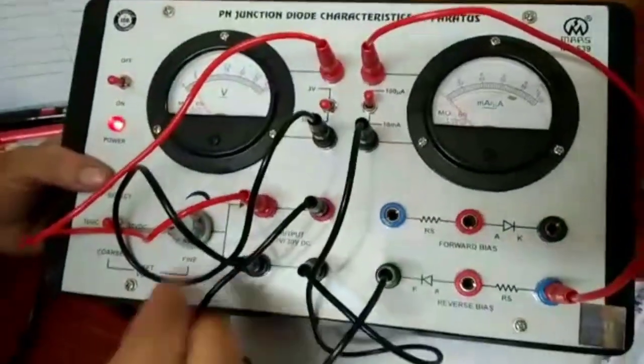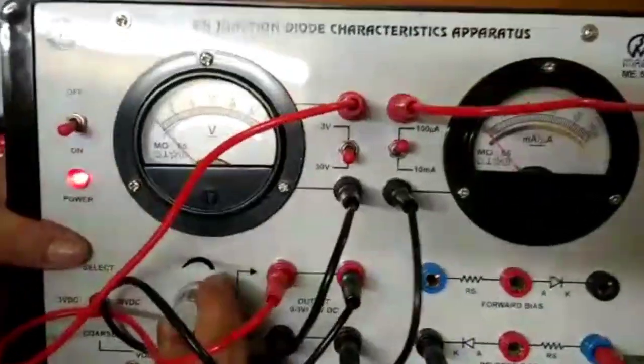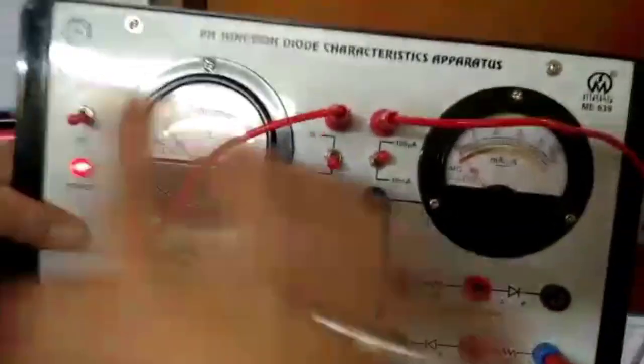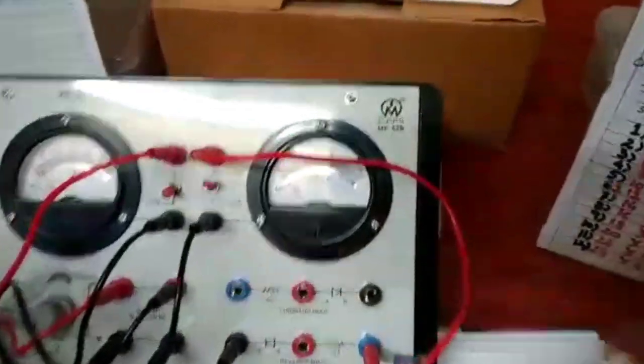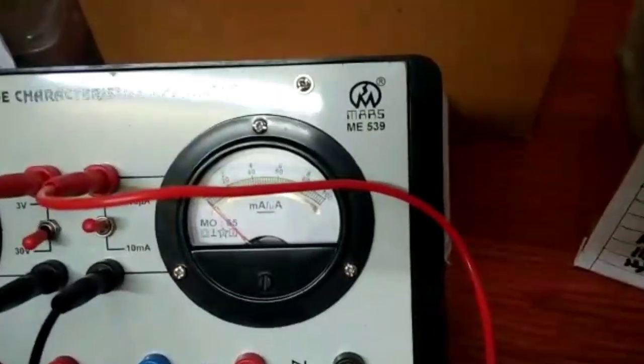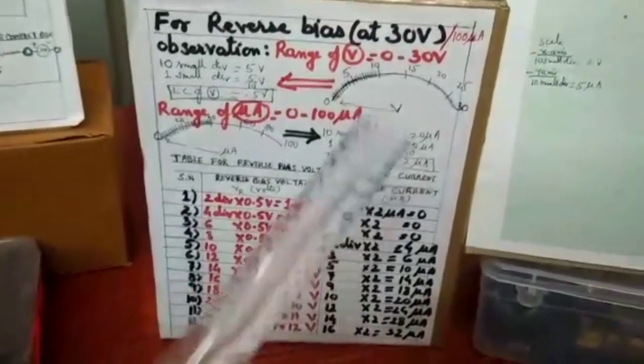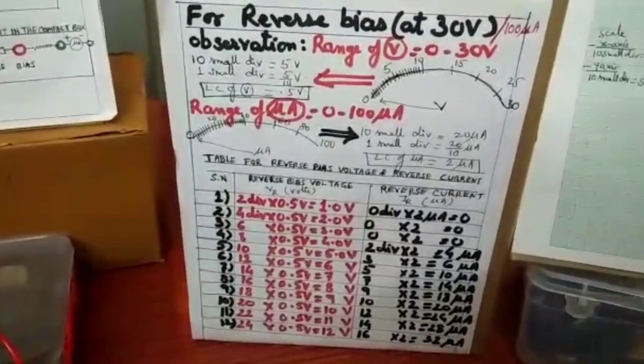So here is the rheostat, and again the same process. I will move 2 divisions here, and you can see the readings here. For 2 divisions the reading is 0, because you know in reverse bias very little current will be there.